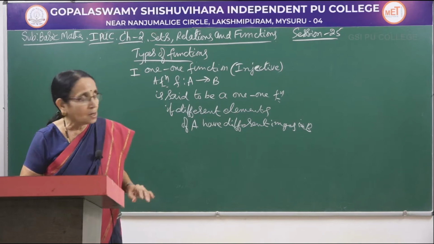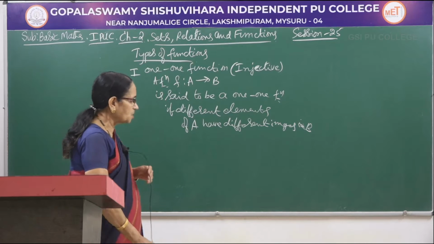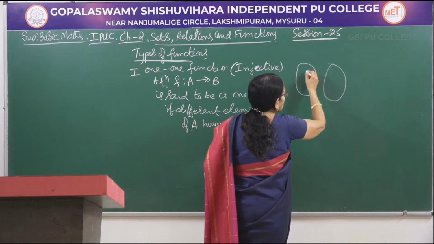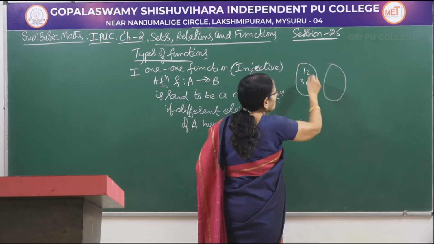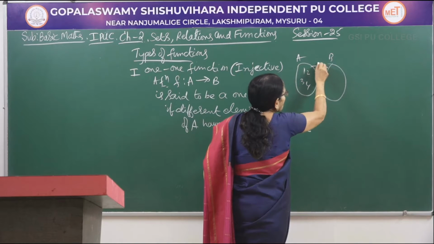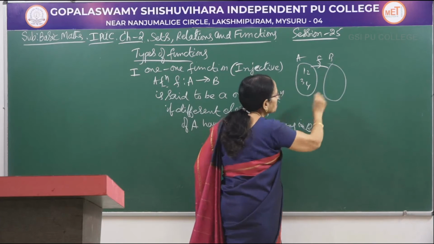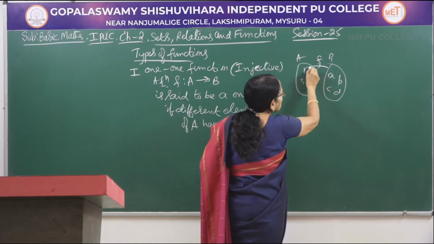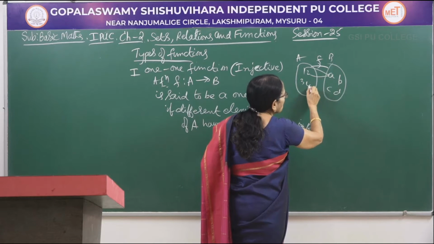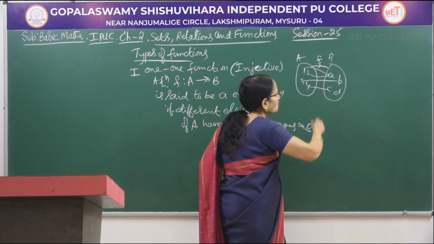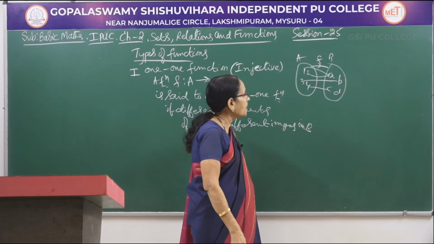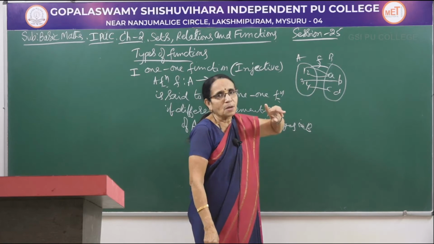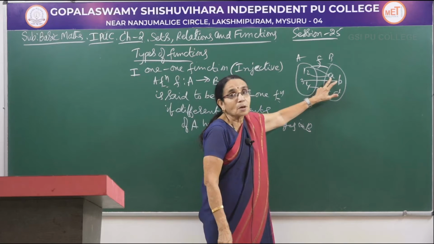That means, you know the definition of a function. In the case of a function, we consider two sets here. Suppose the elements are 1, 2, 3, 4, in A and A, B, C, D in B. If you are having function f here, see, 1 can go to A, 2 can go to A, and like that we can have like this. Now, it is a function, as you know the definition of a function. Here, 1 and 2 are two different elements, but their image is the same, common.